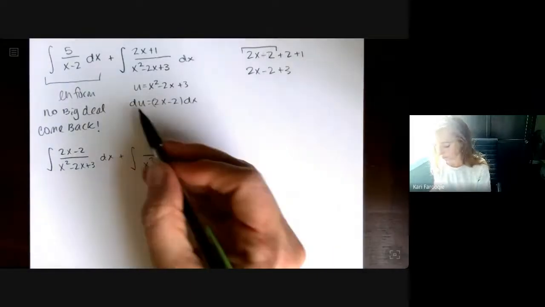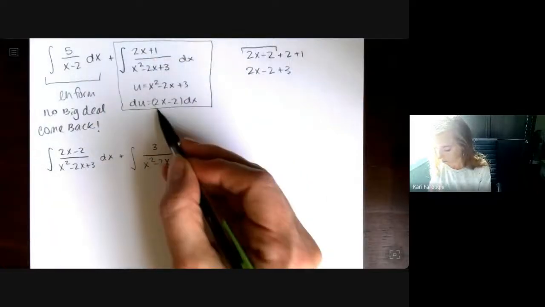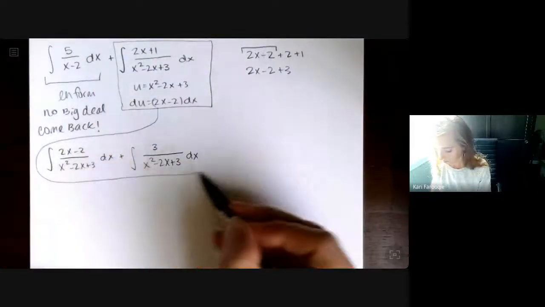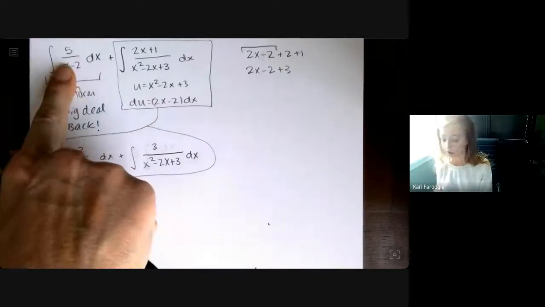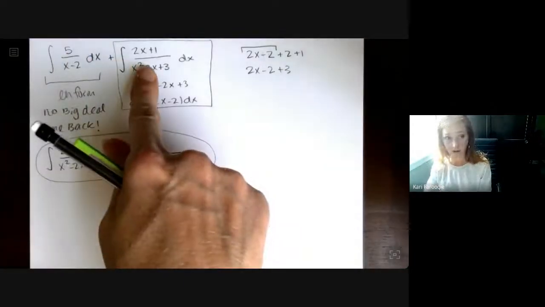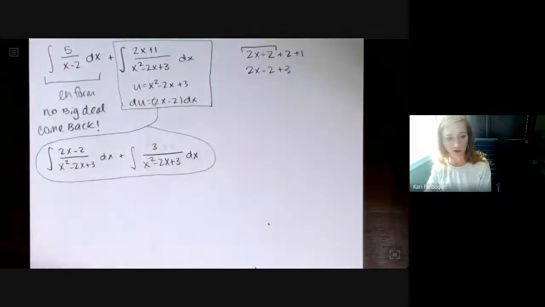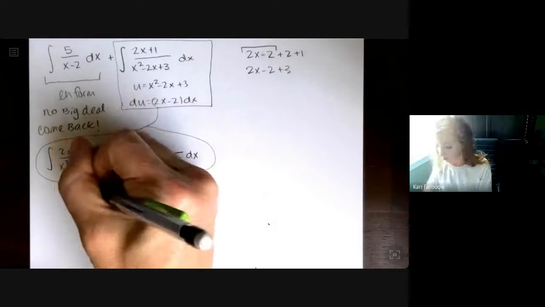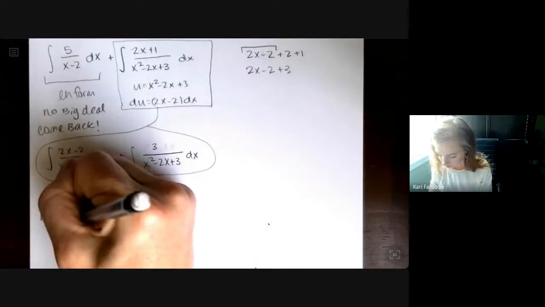Okay, so that is this integral. So there's a lot going on here. Don't forget about this. We've taken this integral and we've split it up into these two terms. This is a natural log form. No big deal. Come back.